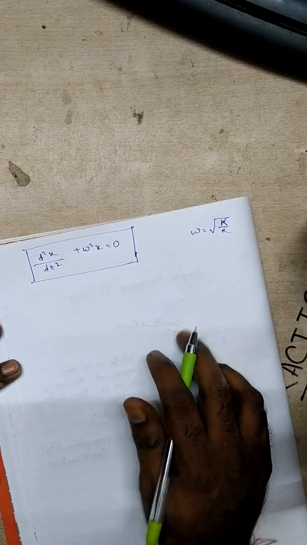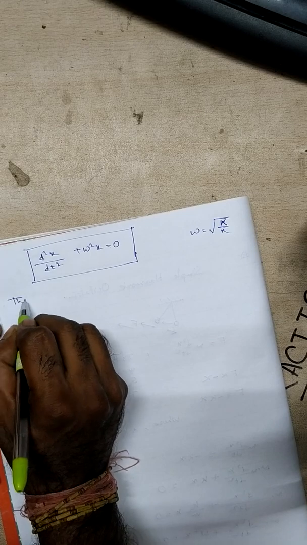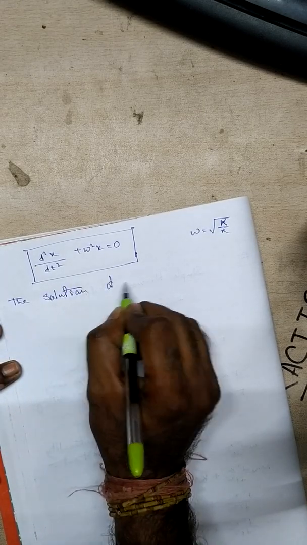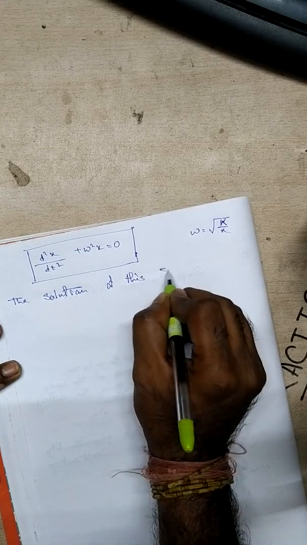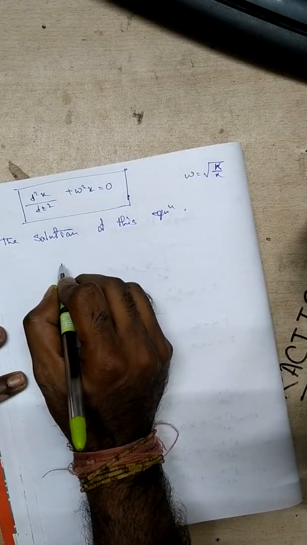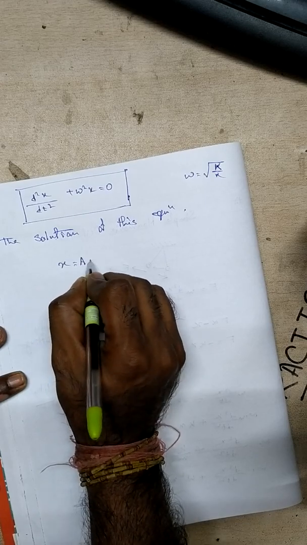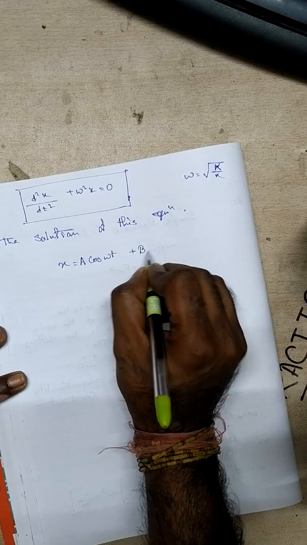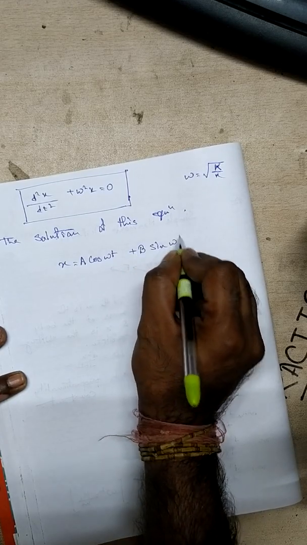Okay, now the solution of this equation is x equal to a cos omega t plus b sin omega t.